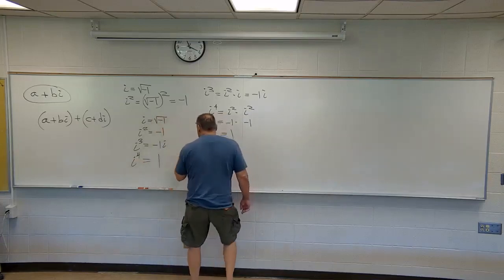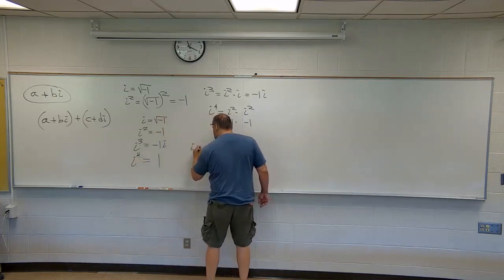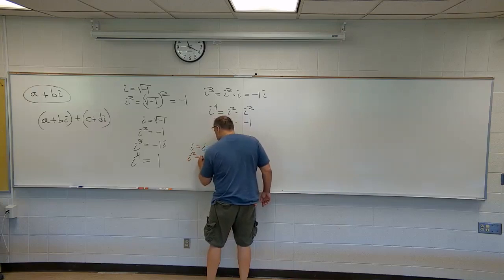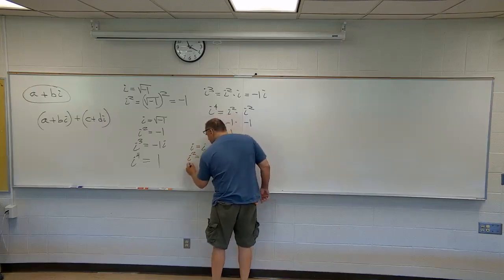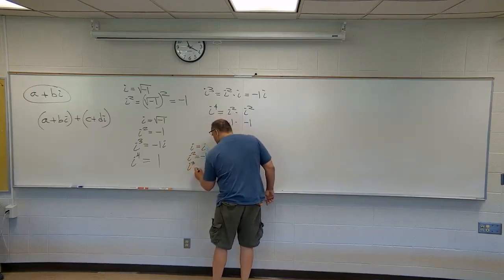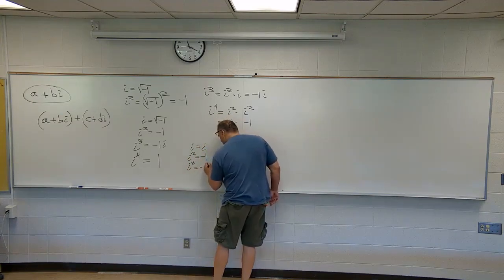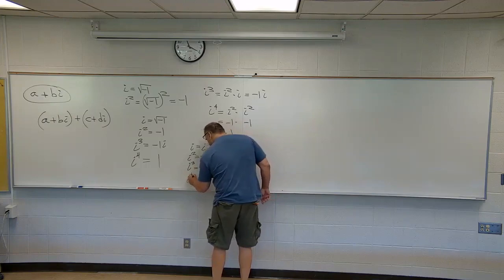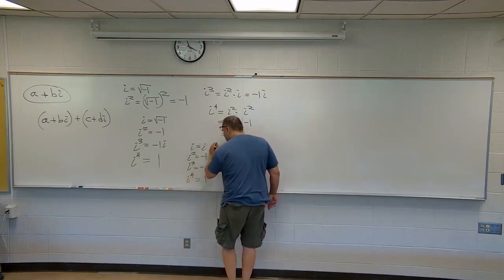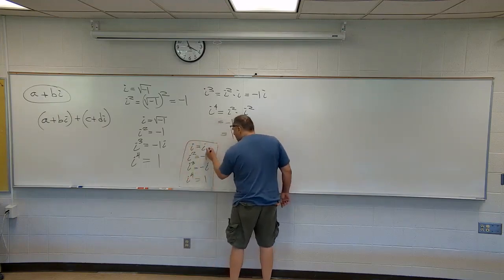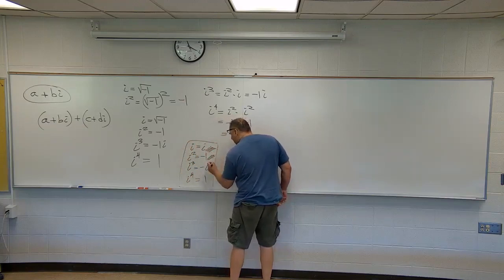You got that I equals I, I squared equals -1, I to the third equals -I, or -1 times I, and I to the fourth equals 1. You got I, -1, -I, and 1.